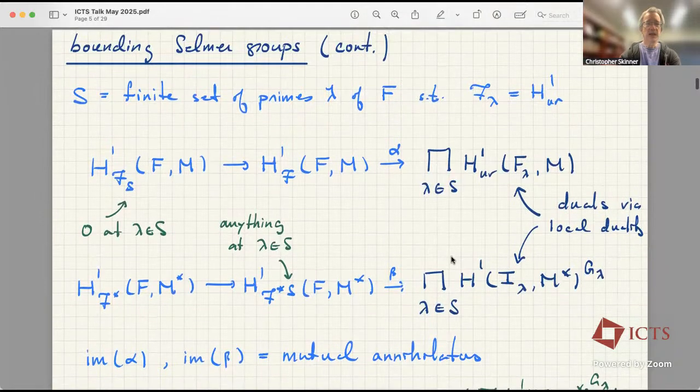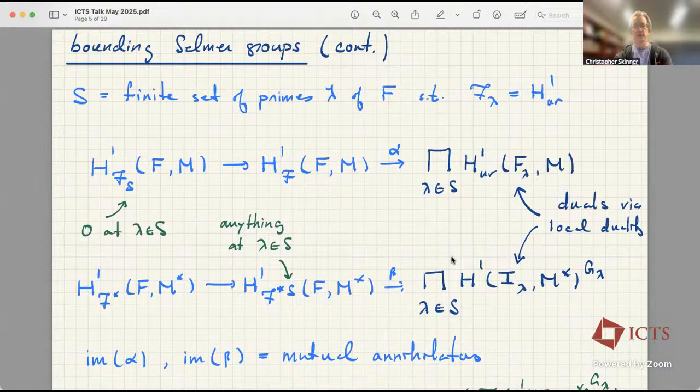Here's the main idea for bounding Selmer groups. The module that we're interested in is the one that's in the middle of this top line. And we choose maybe a finite collection of primes Λ, where our local conditions, say, are unramified for simplicity. And we can look at the restriction map to the local cohomology groups at those primes.